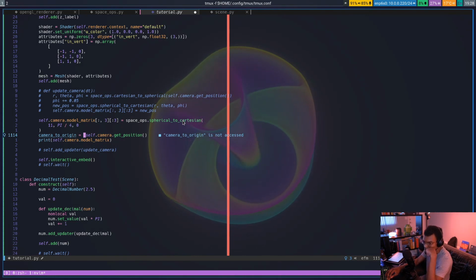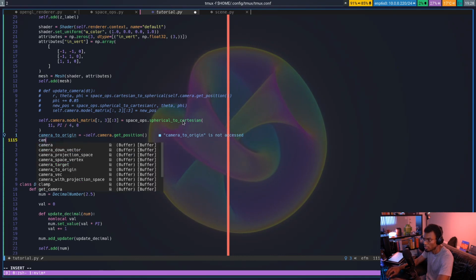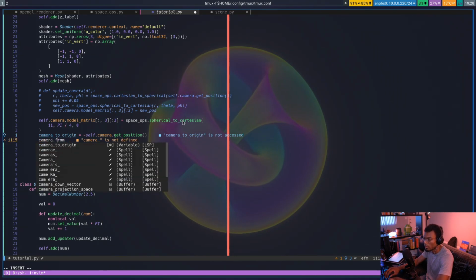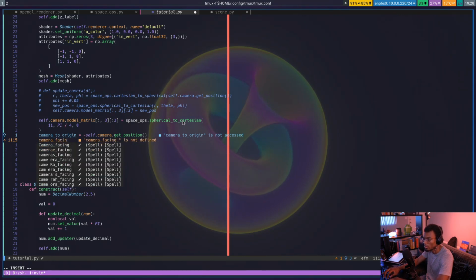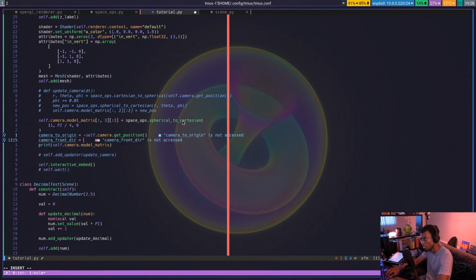True. Super true. Okay, this is the camera to the origin. Then I can get the negative z vector. Camera facing, camera front direction. And this will be the negative z vector.